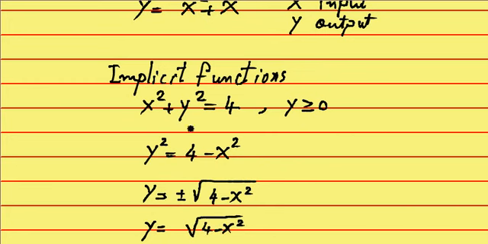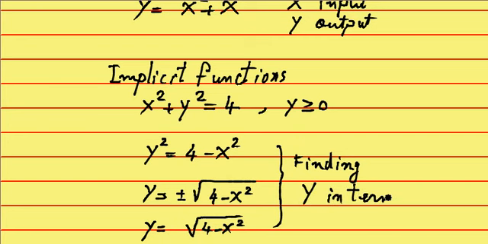So you go through a sequence of steps to find y in terms of x. As I mentioned, sometimes it's rather straightforward, sometimes it's hard, and sometimes it is impossible.